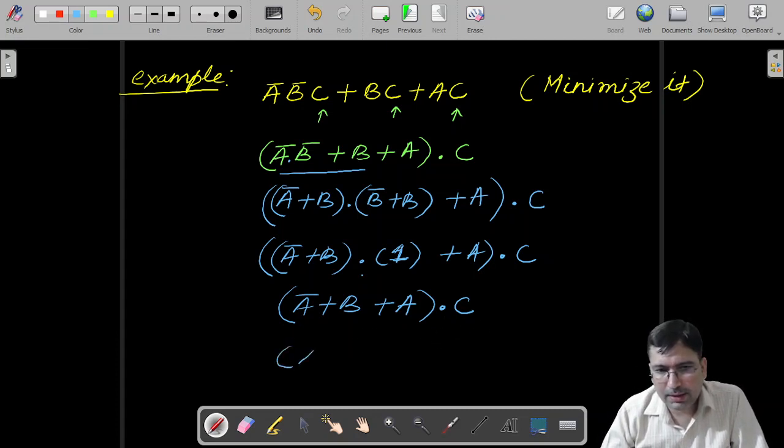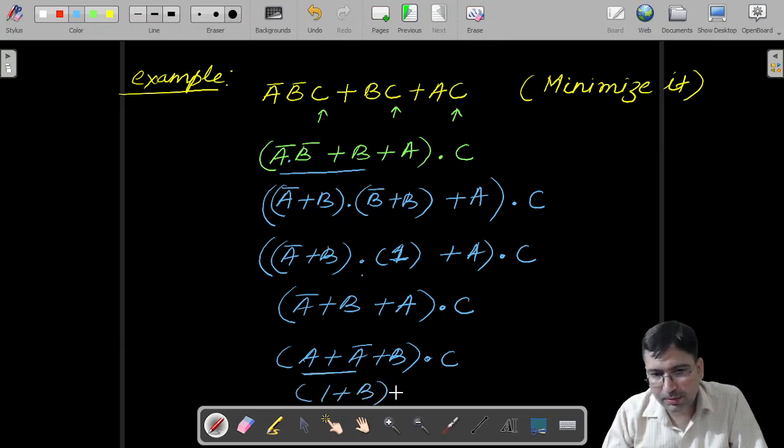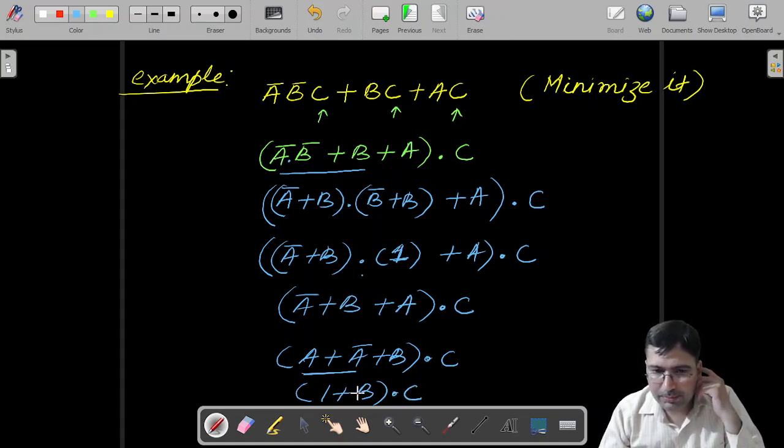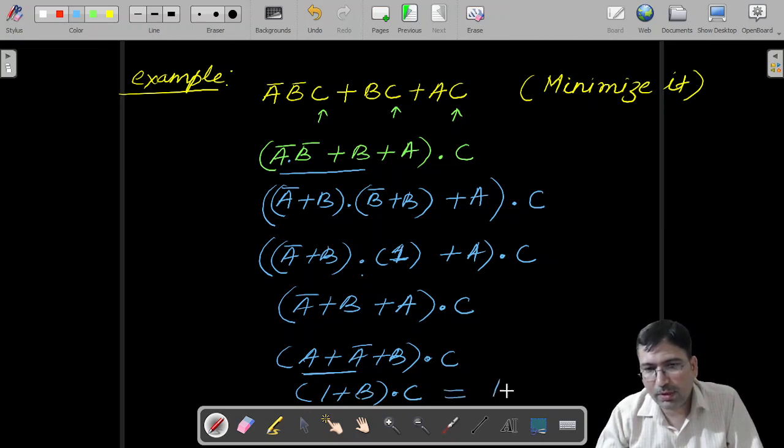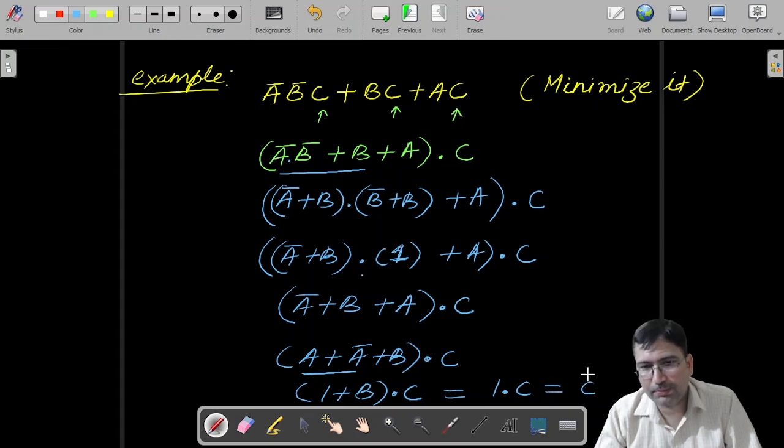So if I write it as A or A bar plus B and C, this thing will become 1. So I can write 1 plus B and C, right? And 1 plus anything will give you 1 only. So this will become 1 dot C, and it is equivalent to C, right?